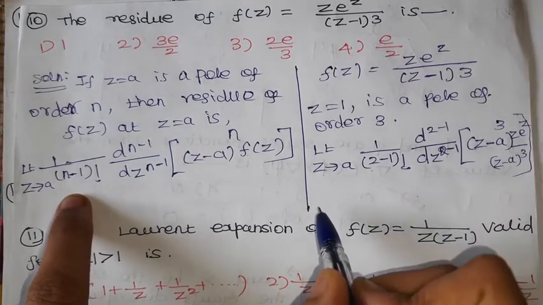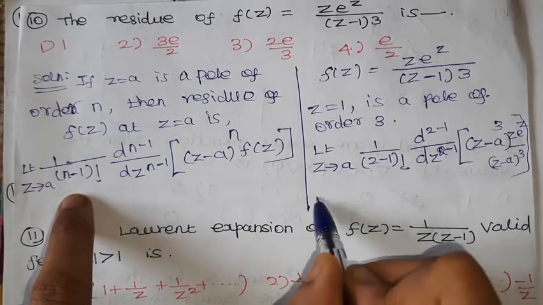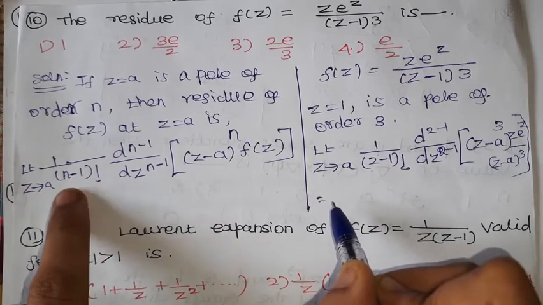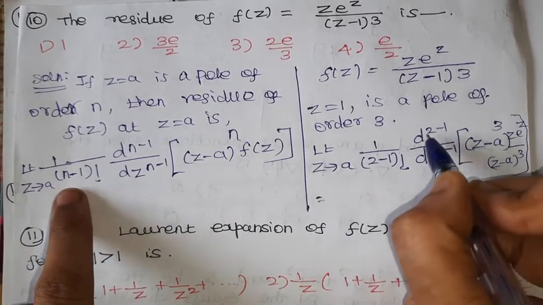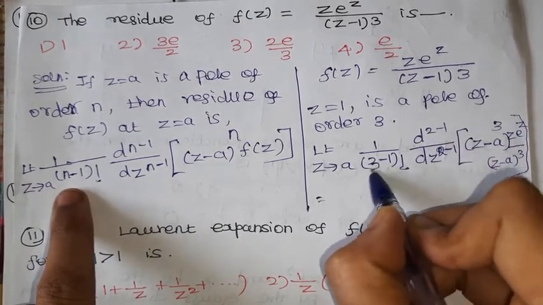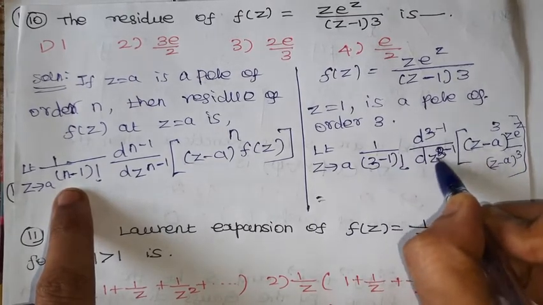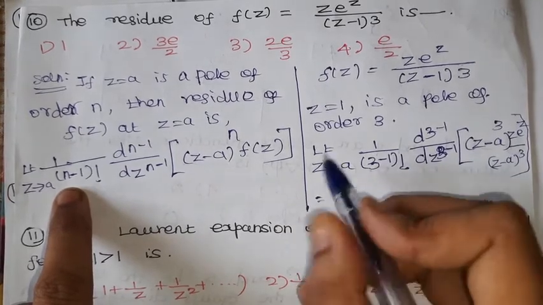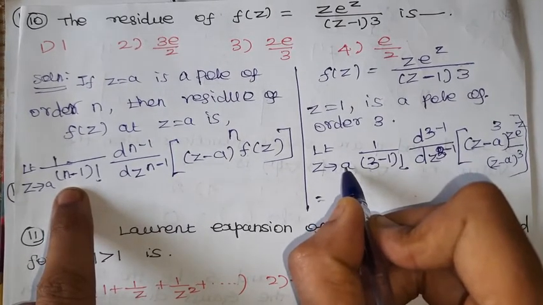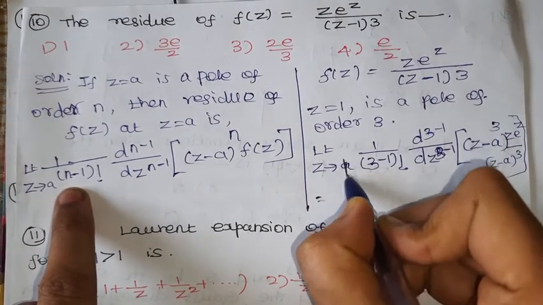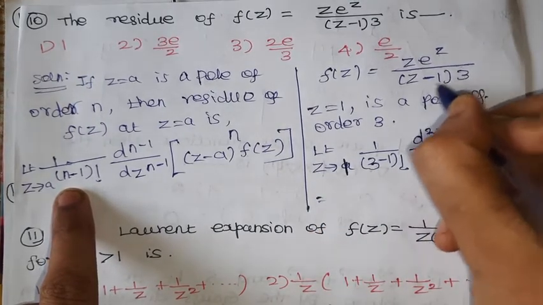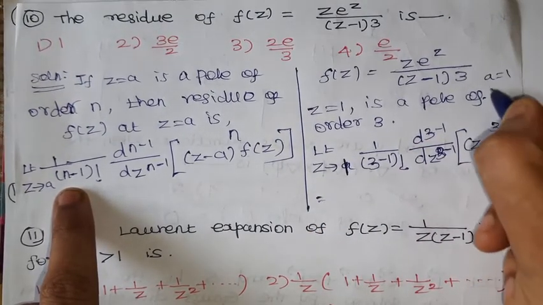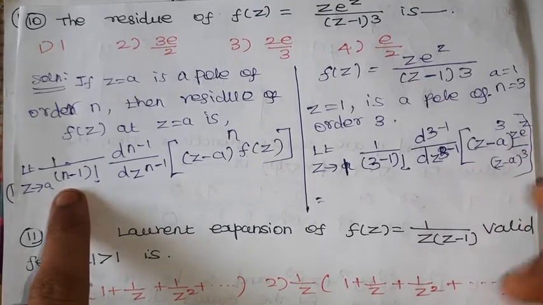Here a is equal to 1 and n is equal to 3.